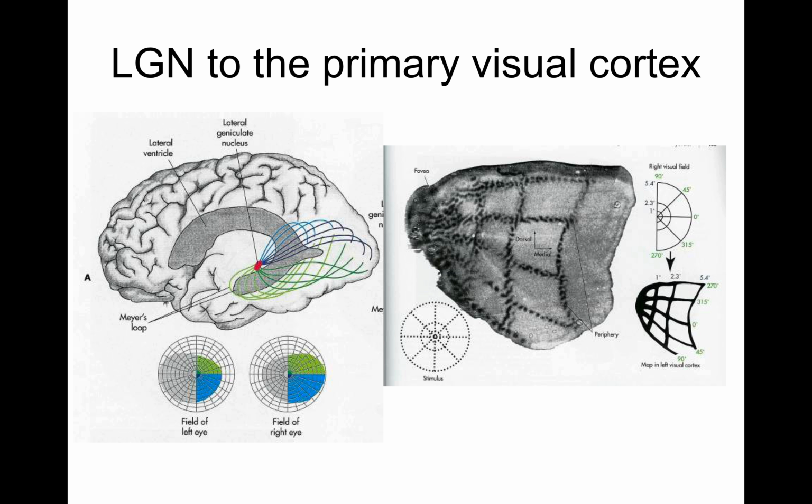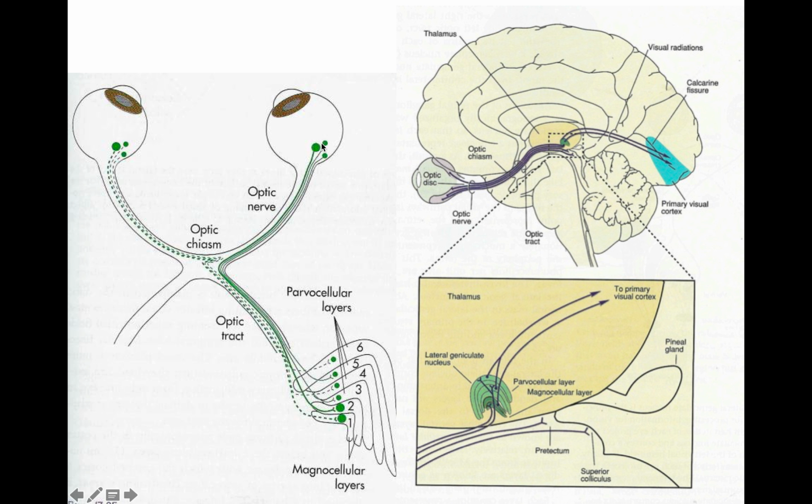So let's add complexity to this, because that's what we do here. What we're looking at then is how the lateral geniculate nucleus is feeding into the primary visual cortex. In the previous pictures, we've been saying, okay, LGN feeds in here to the primary visual cortex. But what's really interesting is that this whole retina has a spatial representation in terms of how the axons are projected from the LGN back to the visual cortex.